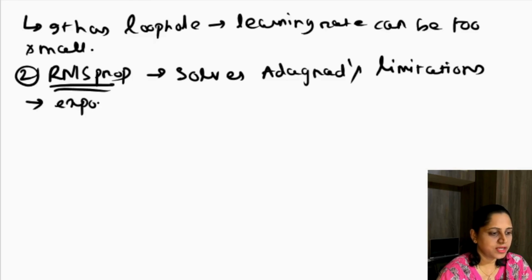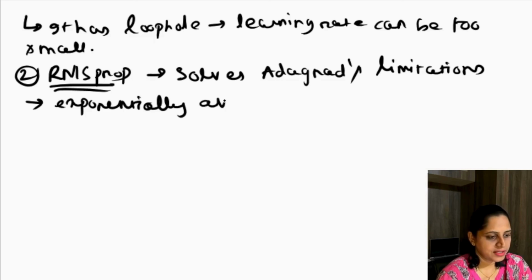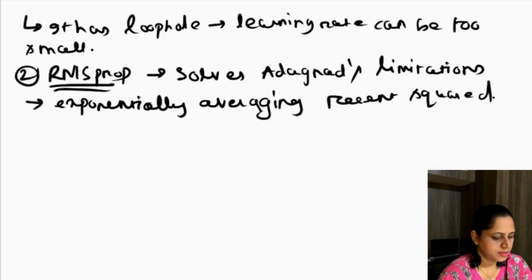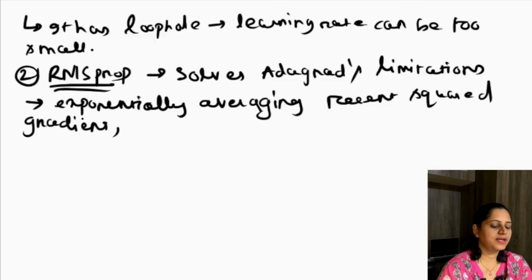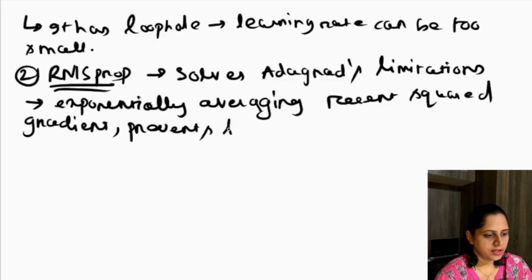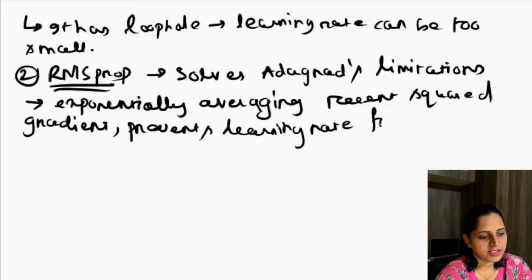It exponentially averages recent squared gradients. So it is squaring the gradients and taking the exponential average. With this, it prevents the learning rate from vanishing.